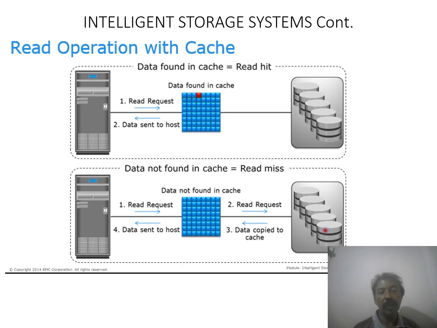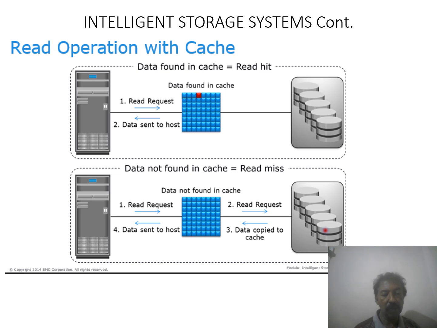Then how a read operation with cache happens between the user and the storage system. In this, we have two cases: data found in cache, or data not found in cache. If the data is found in the cache, the read request is coming, then the cache simply sends that data to the host.